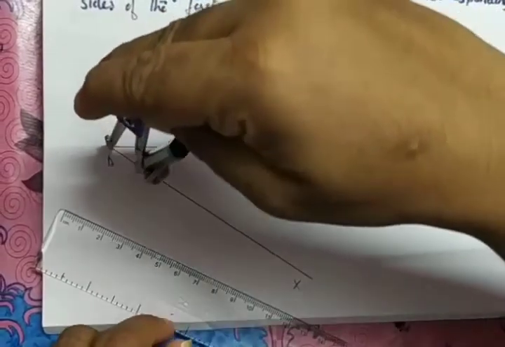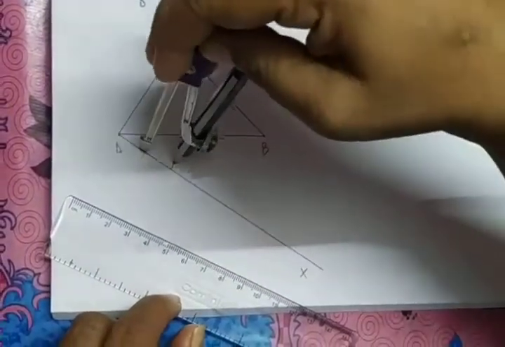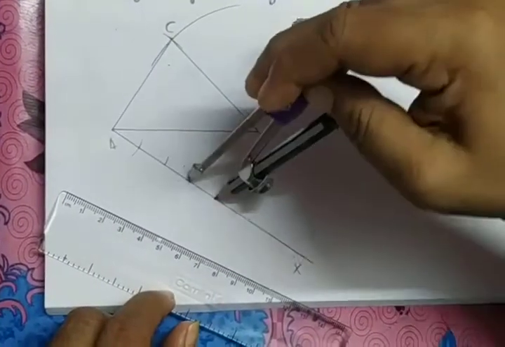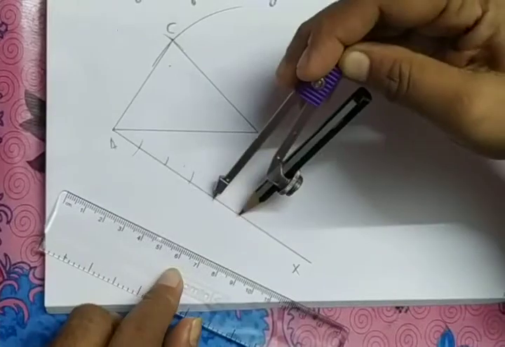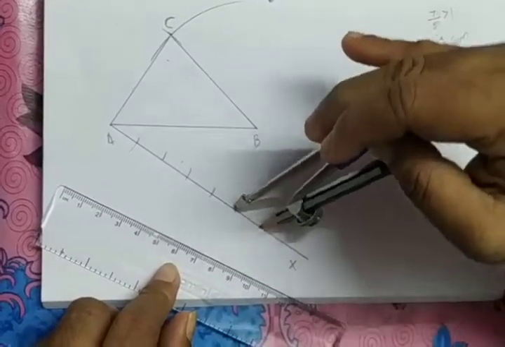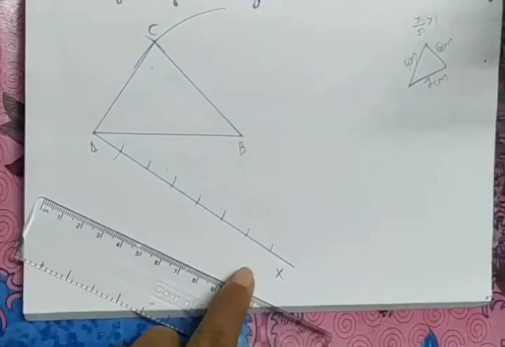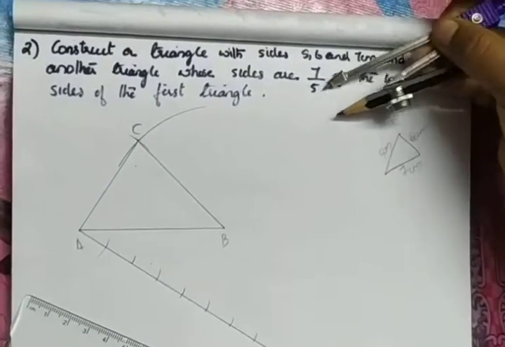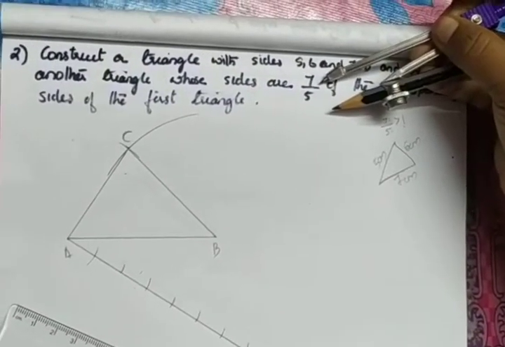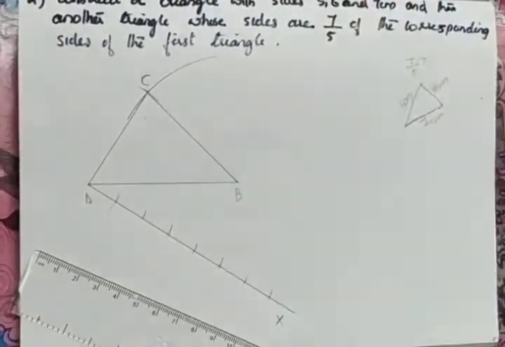You have to mark 7 points: 1, keeping this as center, the next point 2, keeping this as center, third point, 4, 5, 6, and 7. So how did I take 7 points? Take the bigger number of the scale factor. The scale factor is given as 7 by 5. Of the two numbers, 7 is greater. So I marked the 7 points.